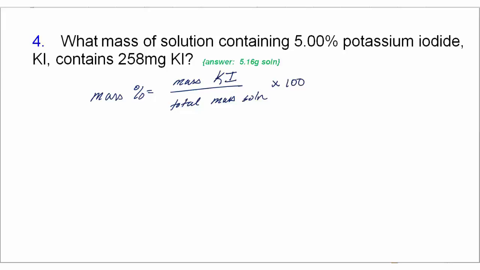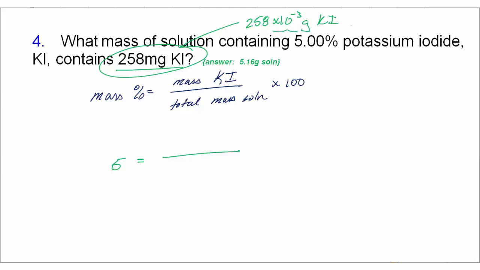So the mass percent would be the 5. What else do we know? We know that we have 258 milligrams of potassium iodide. There are two ways you can go about that. You can just recognize milli as 10 to the negative 3, so you could write that as 258 times 10 to the negative 3 grams of KI, because that's what milli means.